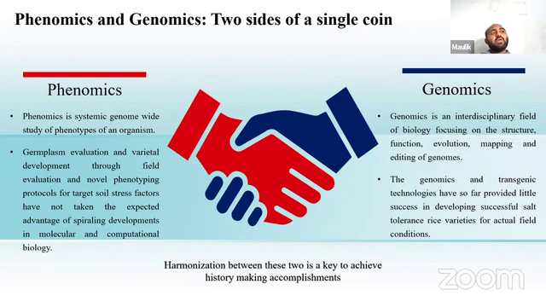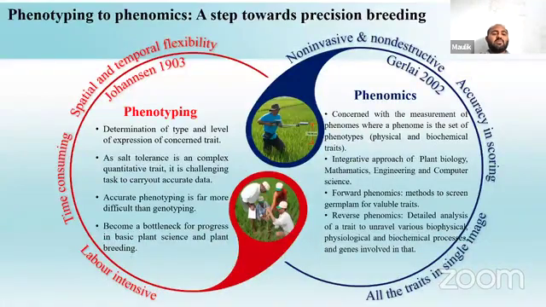So precise phenotyping is required to clarify which traits are responsible for stress tolerance. So what is the difference between phenotyping and phenomics? Phenotyping is the determination of the type and level of expression of a trait. As salt tolerance is complex and quantitative, it is a challenging task to carry out accurate data collection.